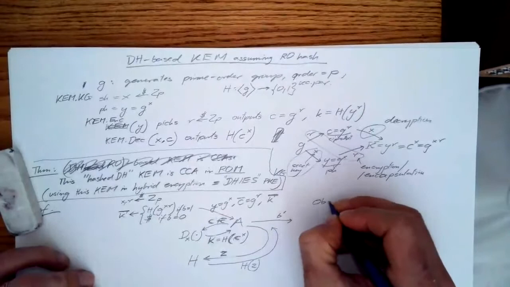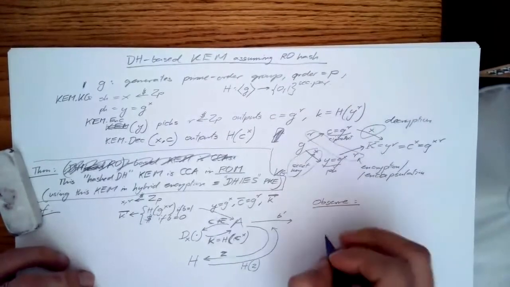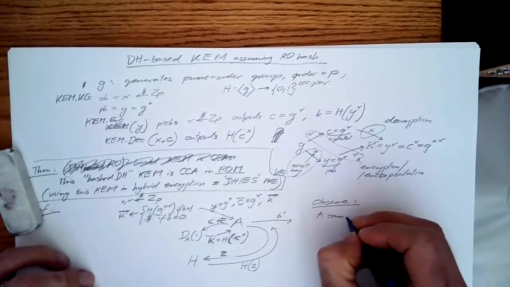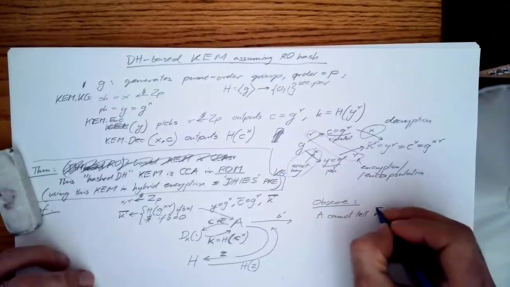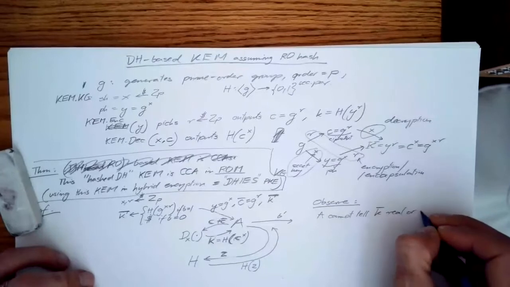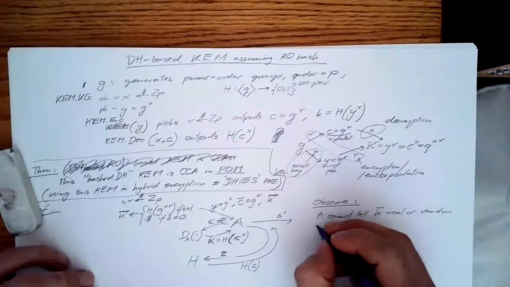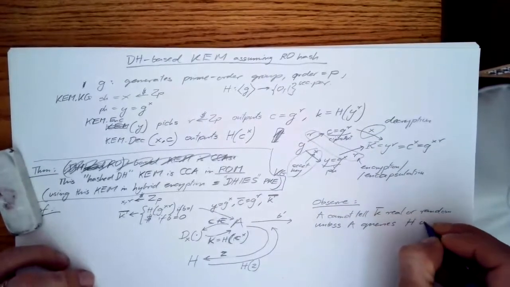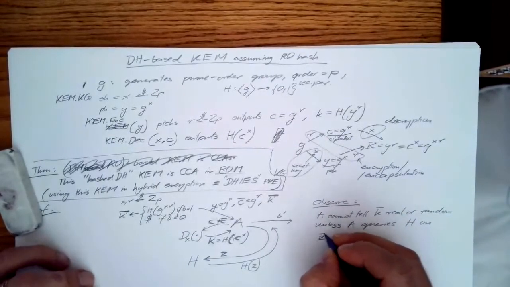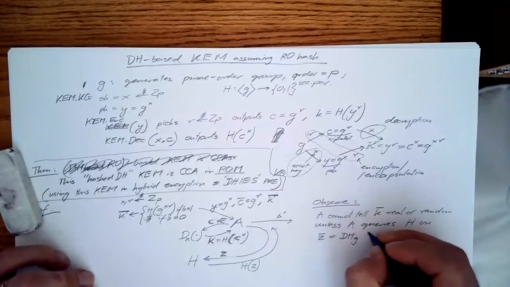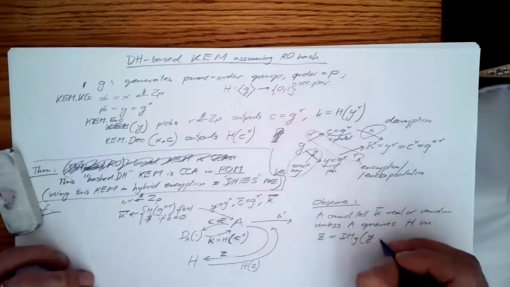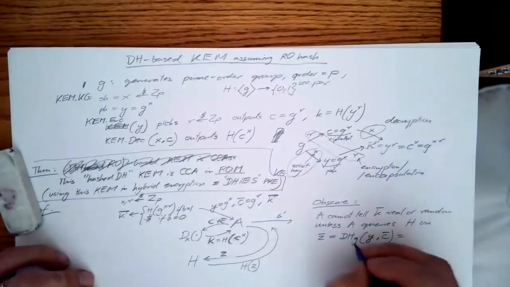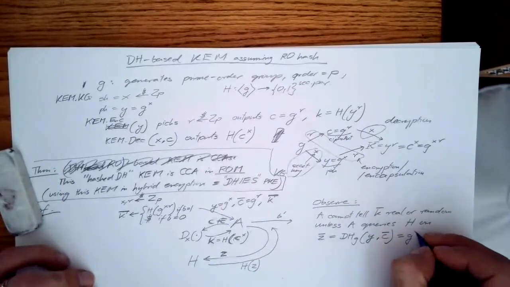So observe that the attacker cannot tell K real or random unless A queries H on the value V hat, which is the Diffie-Hellman function of the inputs, the public key and the challenge KEM ciphertext, right?